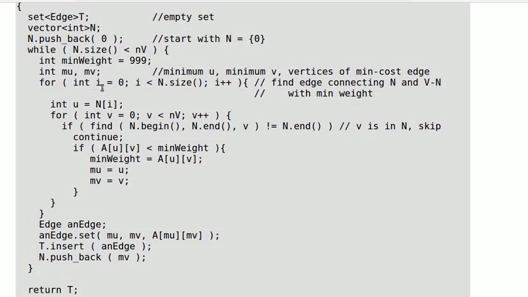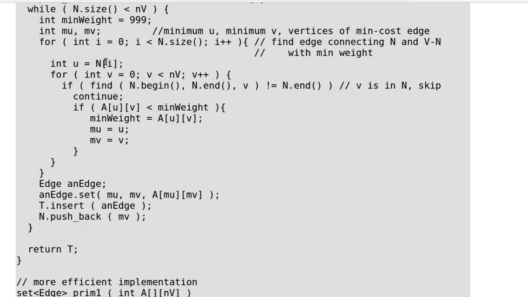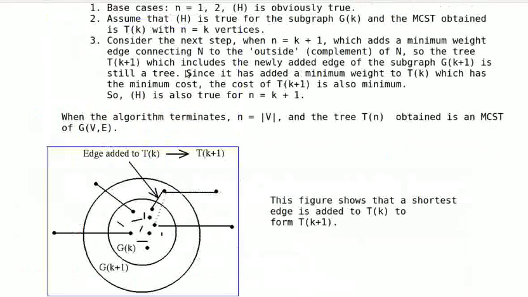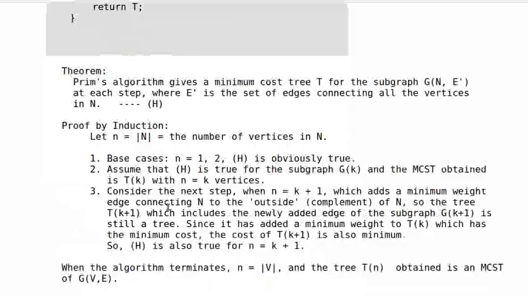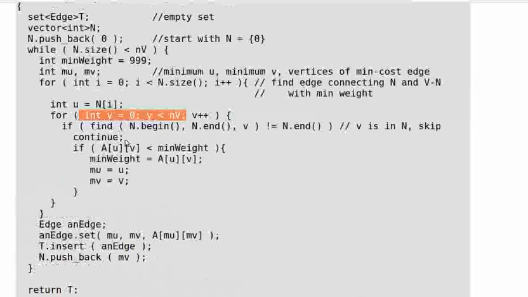So we examine each vertex in the set N and find out its shortest edge. So U is Ni, and we consider all the vertices in V minus N. Here we consider all vertices, but if it is in N, then we continue.